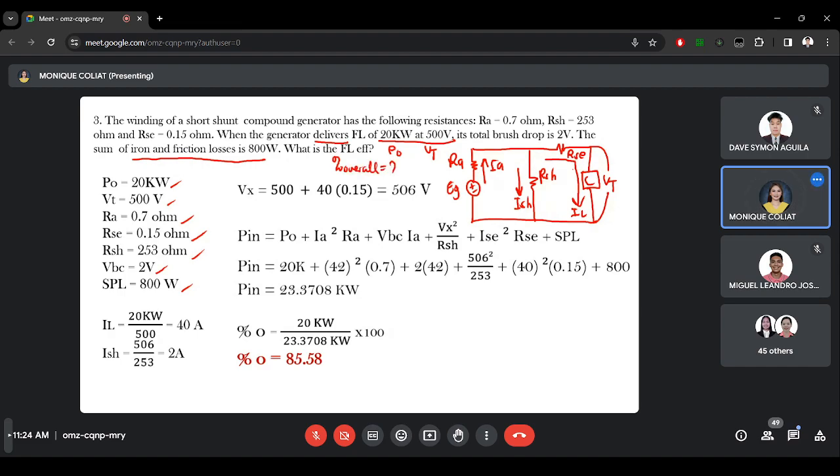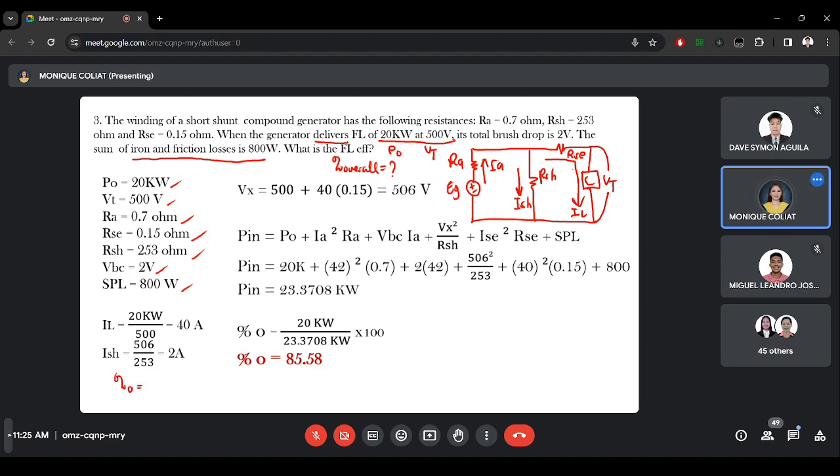What is that VBC? VBC is the total brush drop at the brushes, which is 2 volts. To get the power, you have to multiply it by IA, because the brushes are in series with the armature.